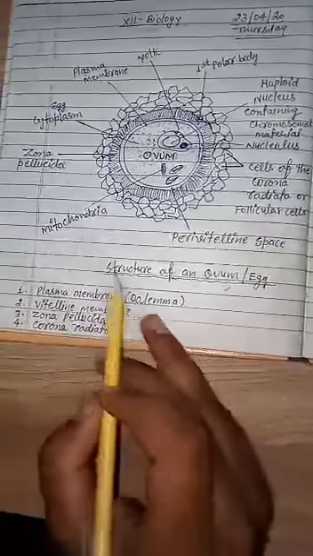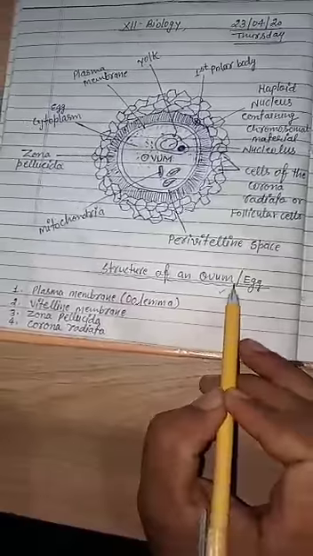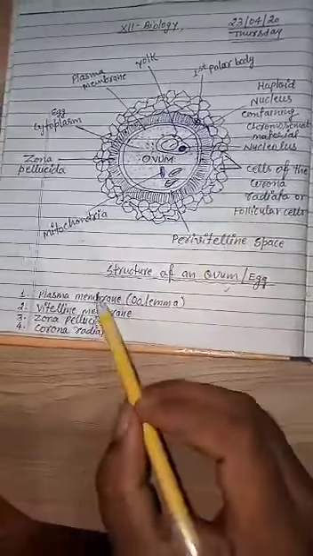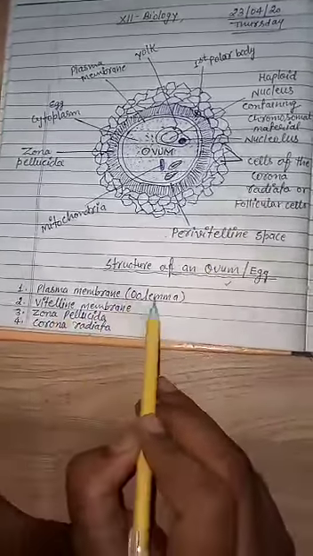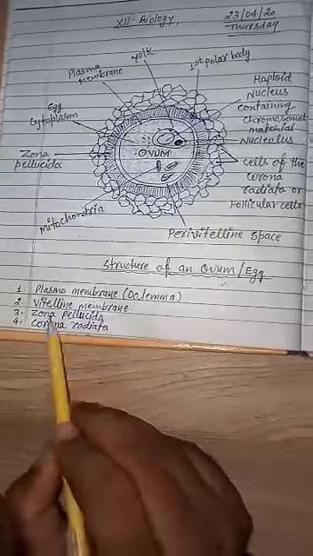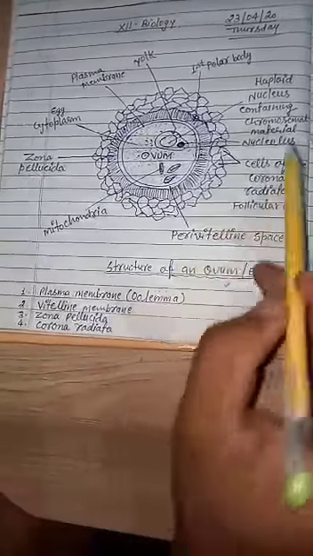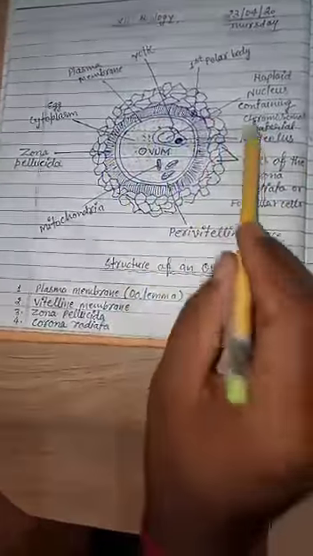See students, this is the structure of an ovum or egg, in which you can see there are four main parts: plasma membrane or oolemma, vitelline membrane, zona pellucida, and corona radiata. All the parts are labeled.